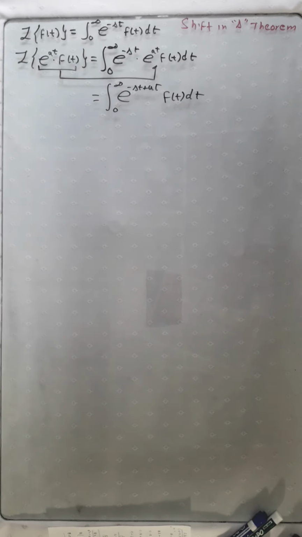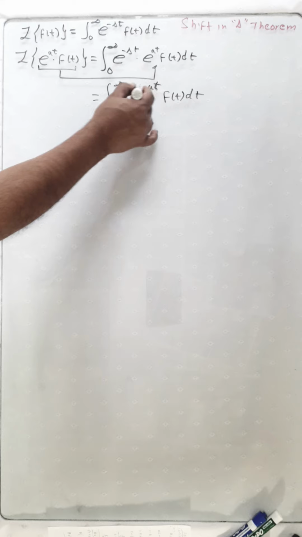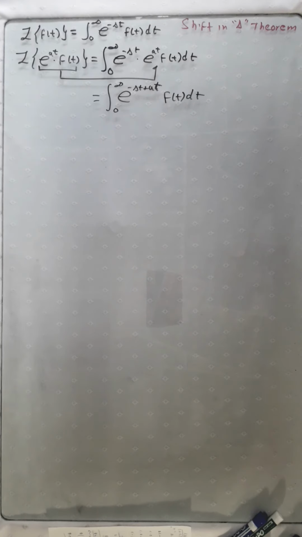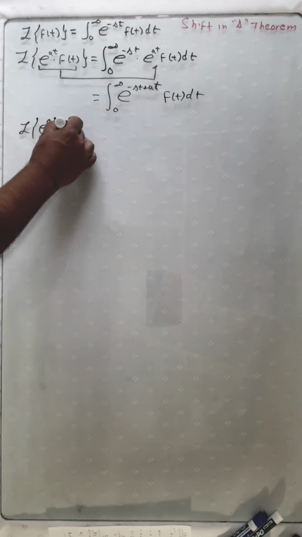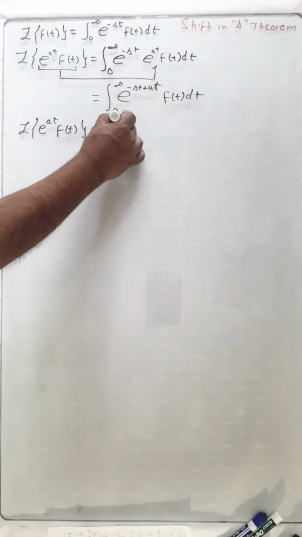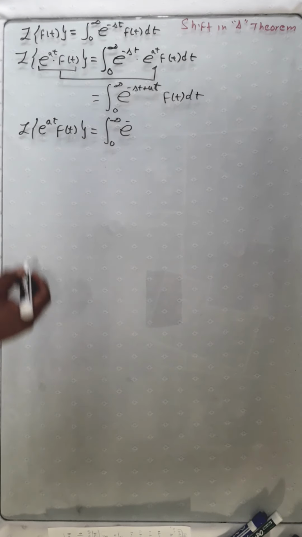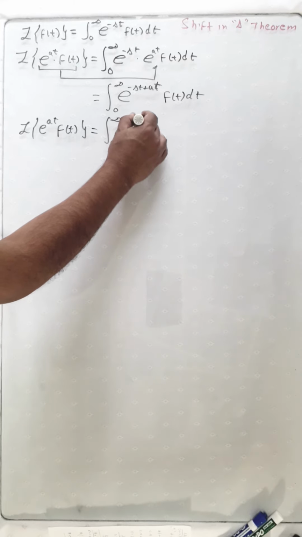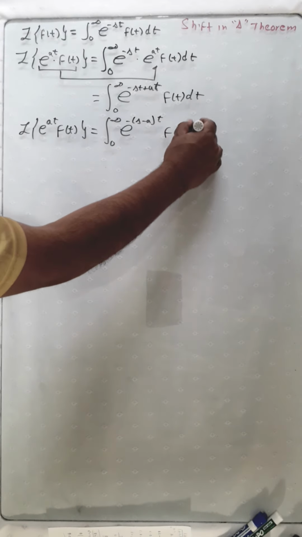Now from here I'm going to factorize the t because it's the same variable. So the Laplace transform of the exponential of at times f of t happens to be just the integral from 0 to infinity of exponential of minus, I'm going to factorize also the minus, times the s minus a and the t, f of t, differential of t.